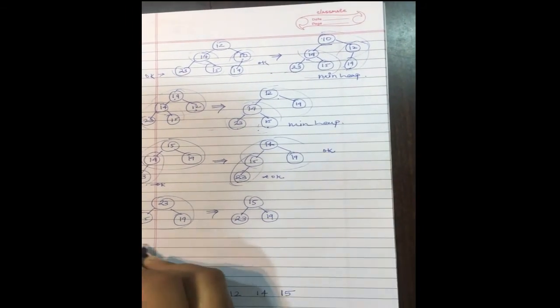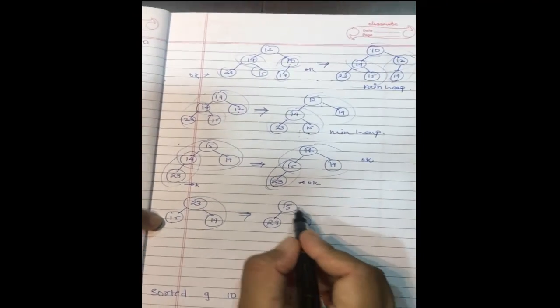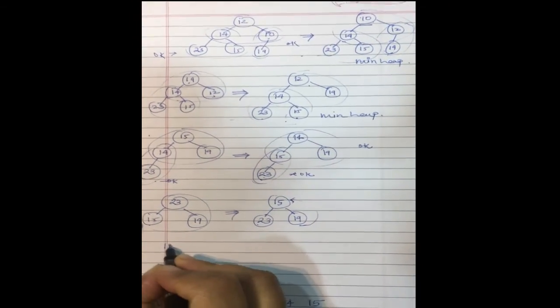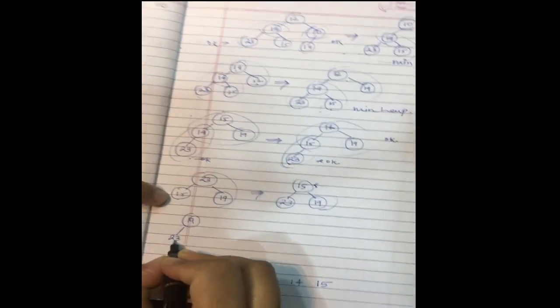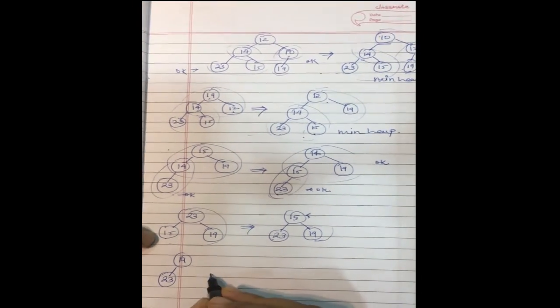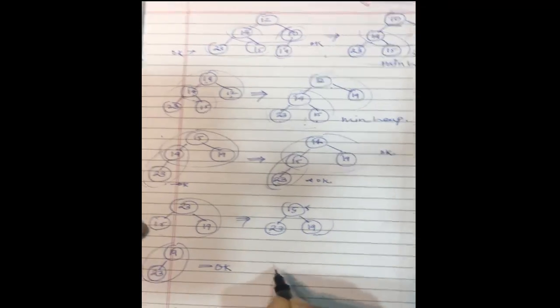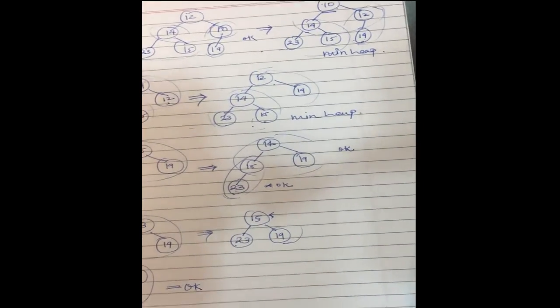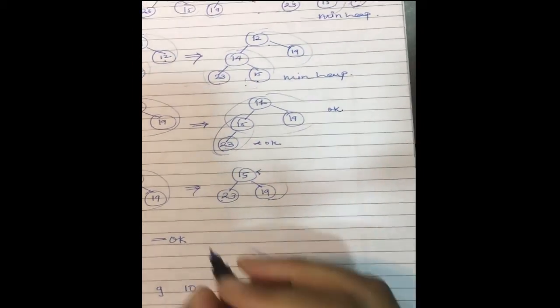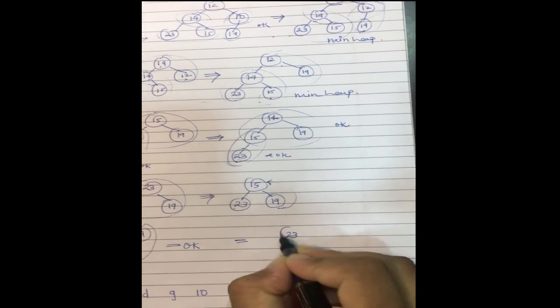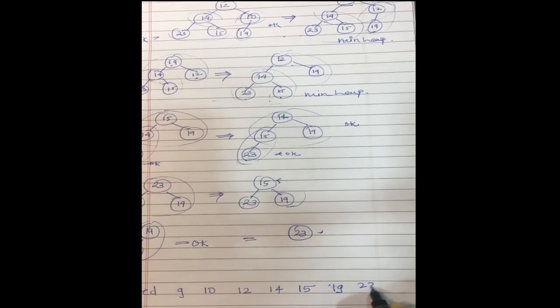So our new tree will become, with the last number from the tree replacing 15, 19 going upwards, 19, 23 as our new tree. Now by comparing this you found that this is okay. So 19 will be taken out and your tree will remain as 23 only. So 23 will be taken out.